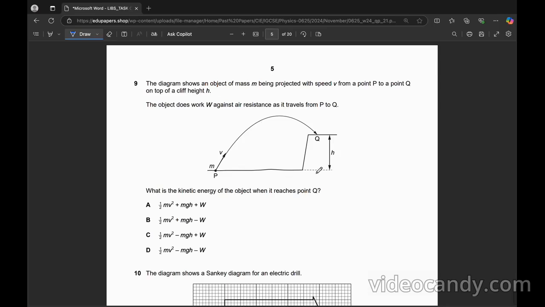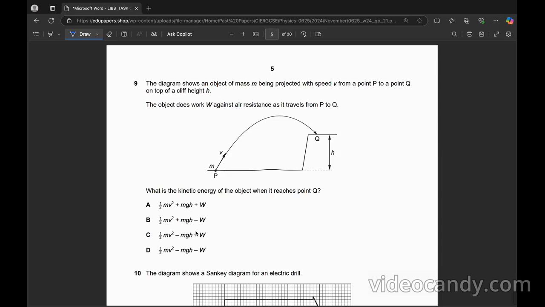So now you can see the initial kinetic energy would be 1/2 mv squared, because that's the equation of kinetic energy, and mgh is the equation for gravitational potential energy, and W is just the work done against air resistance. You have to consider whether the mgh, GPE, and the work done against air resistance would be taken from the initial kinetic energy, or would they add to it.